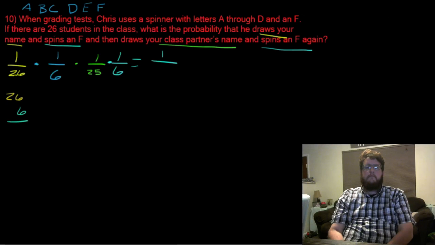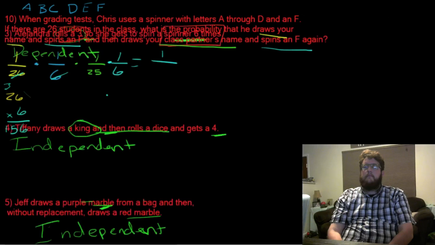Sorry, I'm having cursor issues again. 6 times 6 is 36. 6 times 2 is 12. Plus 3 more is 15. So I've multiplied these two together.